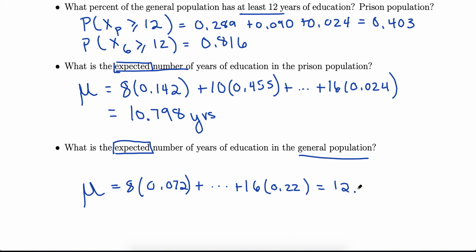And you're going to get an expected value of 12.896 years of education. And just like we noticed for the percentages, a big discrepancy, we'll also notice this large inequity here in the expected value or the average years of education between these two different populations.